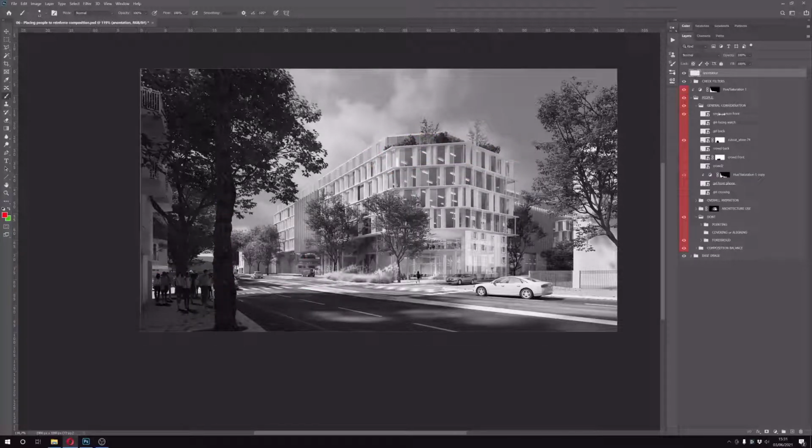Another thing that is important to understand regarding crowds, or even singular people, is what happens if I put a crowd here. If there's something to contrast with it, so here you have an empty street and here suddenly you have people, you're going to have a contrast between these two areas that draws your eye.